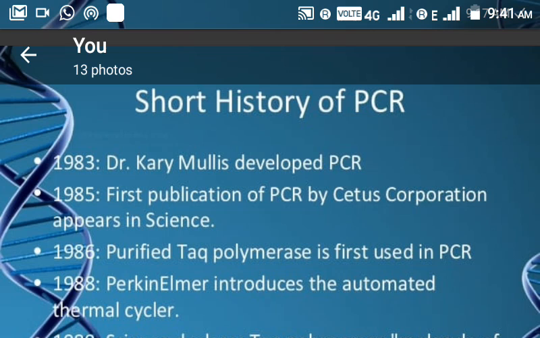This is an enzyme which is isolated from a particular bacterium. We'll talk about it later on. In 1988, Perkin Elmer introduced the automated thermocycler. In 1989, Science declared Taq polymerase the molecule of the year.